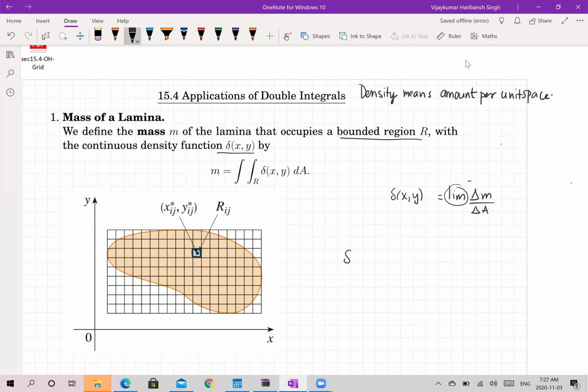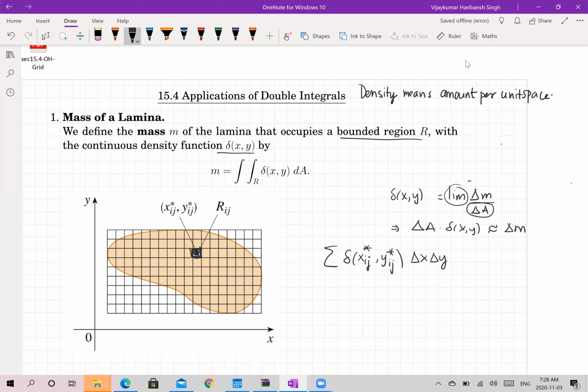We can approximate our mass by delta(xi star, yi star) times delta x delta y. So this is an approximation because delta A times delta(x,y) is roughly equal to delta m. This is the mass of the lamina in this rectangle here.